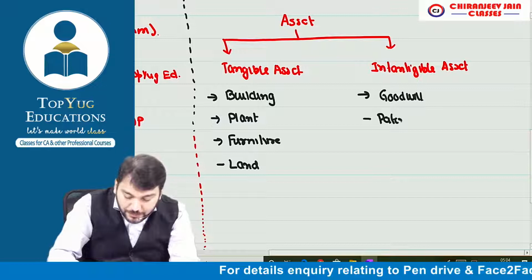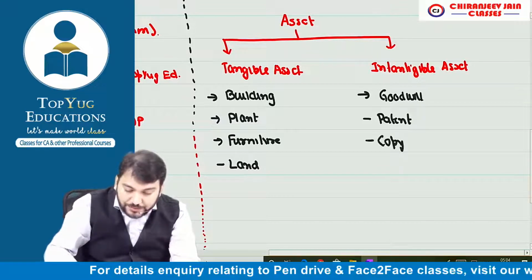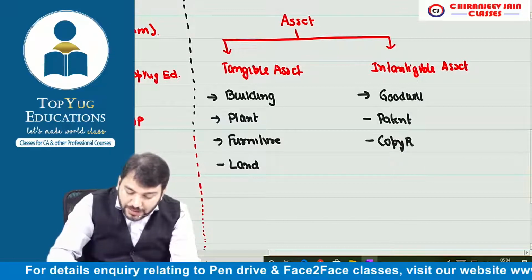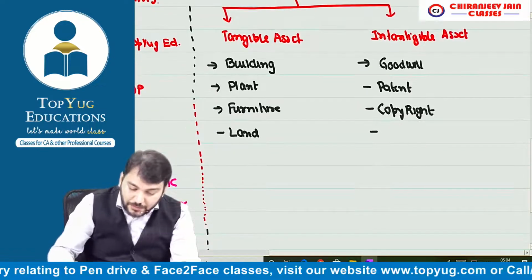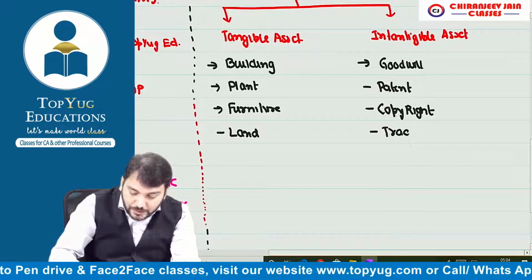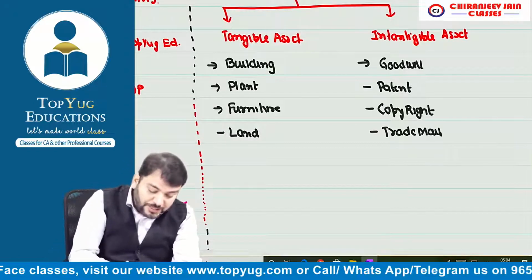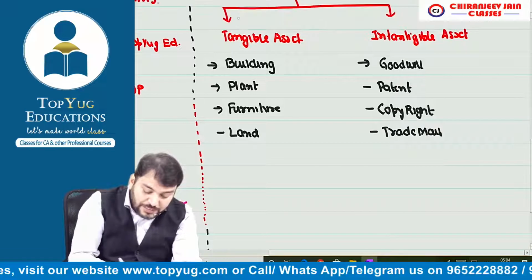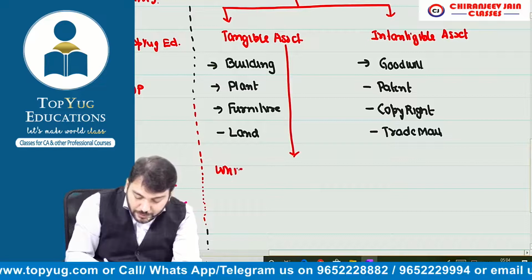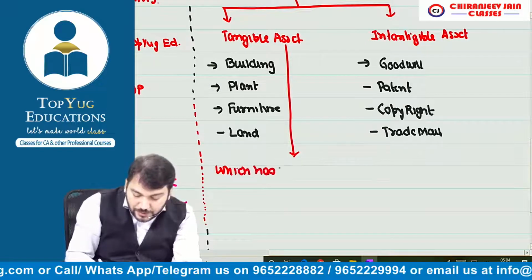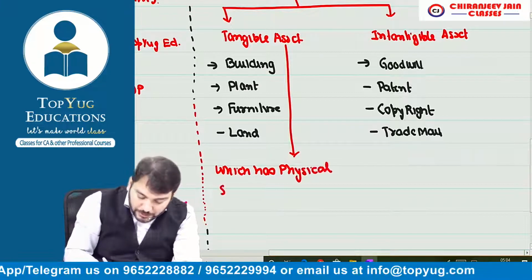Patent, copyright, trademark. Understood? So tangible asset means what? Which has physical substance.